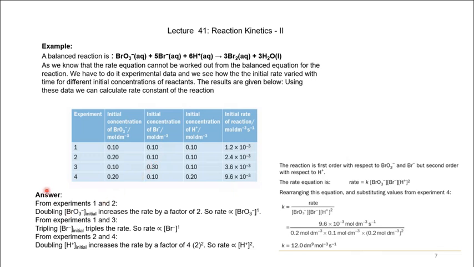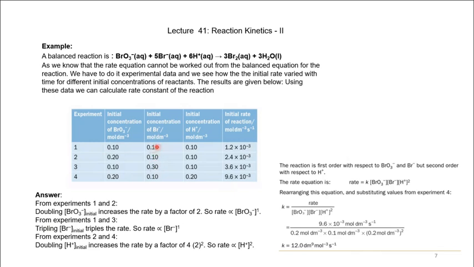What do we do then? We see from this table, from experiment 1 to 2, what happened? In experiment 1, the bromate ion concentration is 0.1 mole per dm cube, and in 2, the bromate ion concentration has been doubled. So the initial bromate has a factor of 2, so the reaction rate is proportional to the concentration of bromate ion. And then from experiments 1 and 3, we are talking about bromide ion.